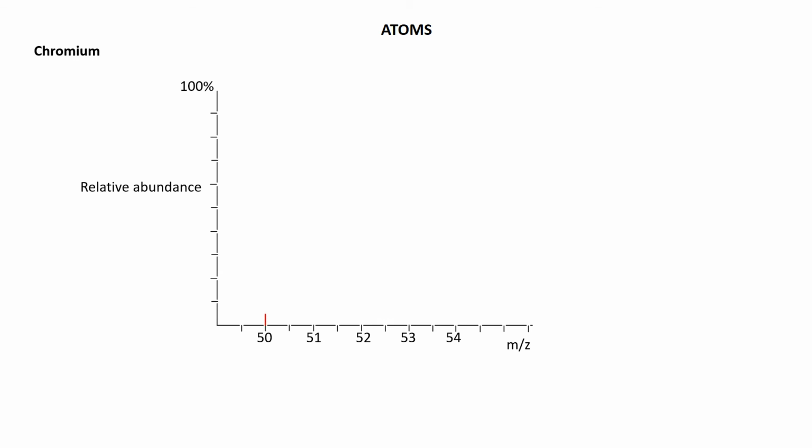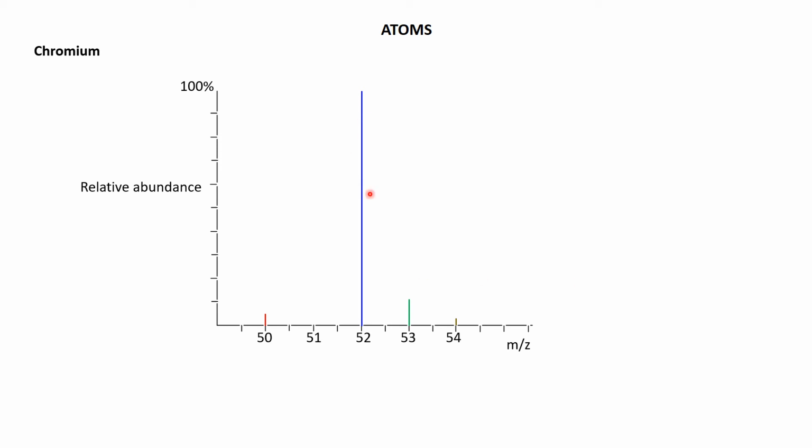And this is how mass specs come back, that the top peak, otherwise known as the base peak, is registered at 100%. Now with chromium, we have a teeny little line here at 50. We have a very big line here at 52, and that's the one that's up at 100%. We have a smaller line at 53, and then we have the absolute baby of them all at 54. So there are 4 stable isotopes of chromium. That's information you might have been given a long time ago.